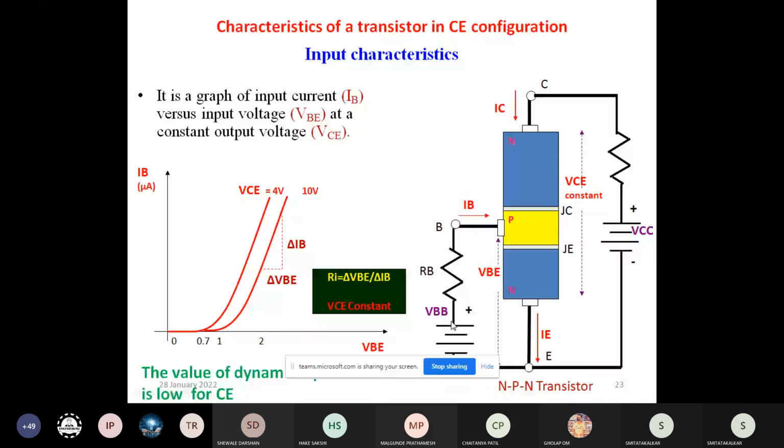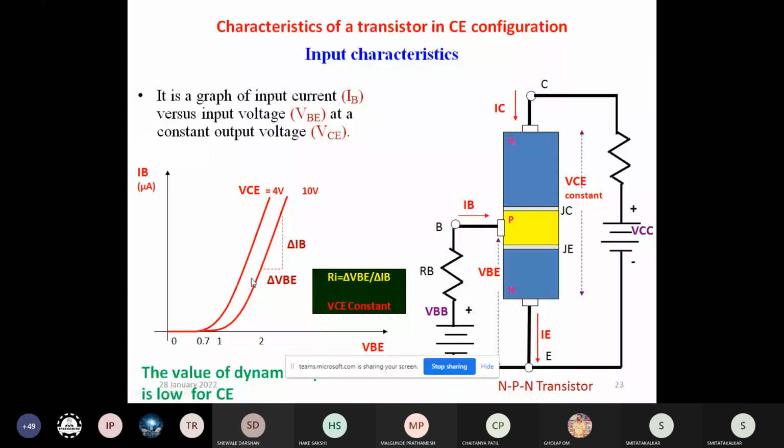I am not talking about the output side. Here VCE, because VCE is constant. First the junction formation. The junction formed is only JE, the emitter base junction. And for this emitter base junction, we can use these input characteristics.